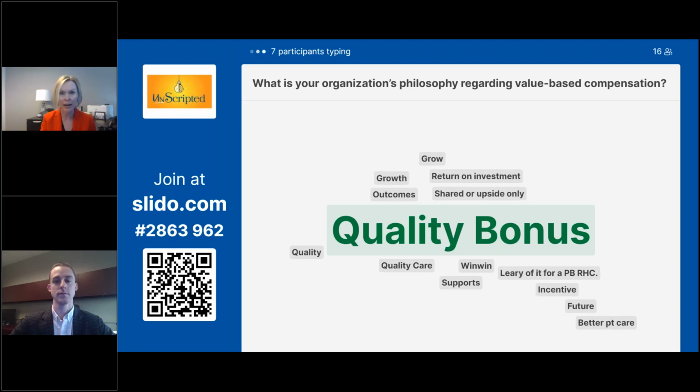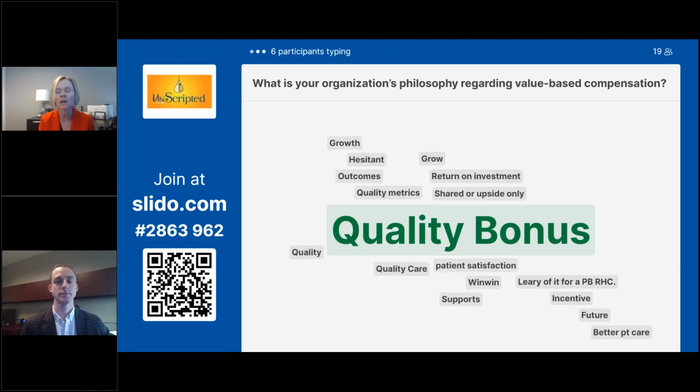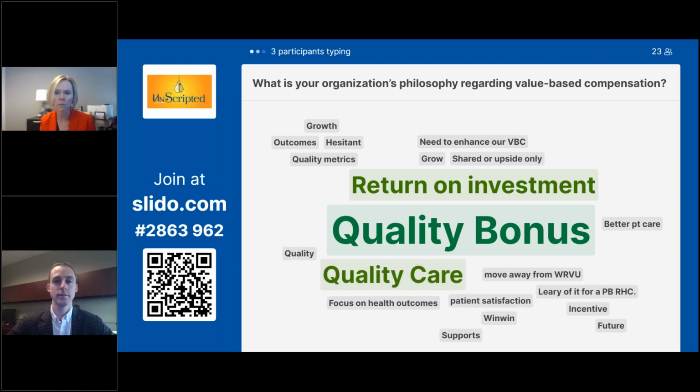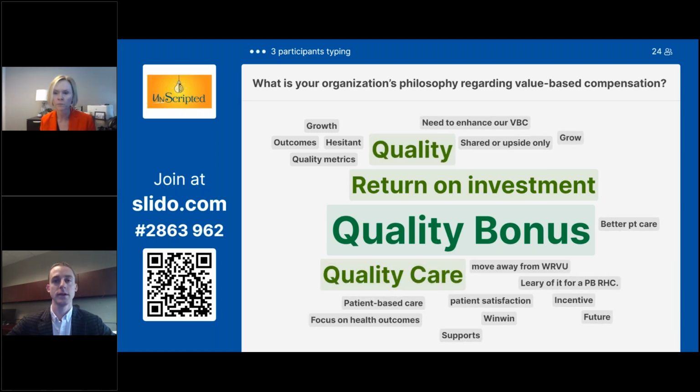Return on investment, absolutely. Our organizations are making big investments in value-based metric measurement and in all of the things that are required to contain costs. And so it is considered a return on investment, for sure.